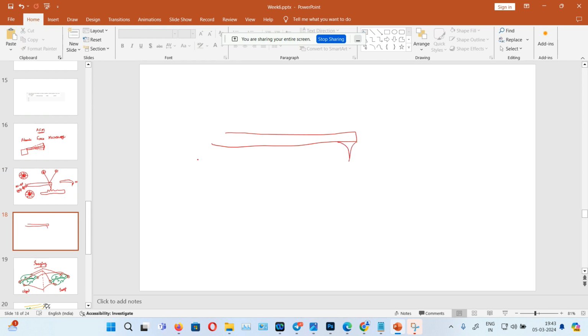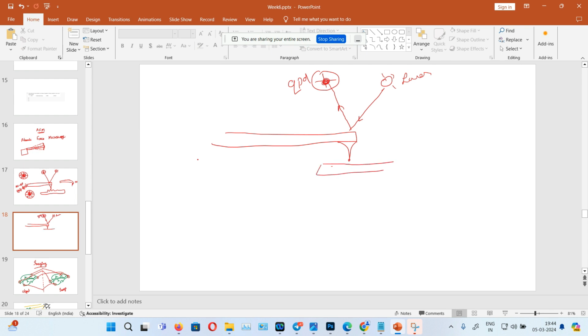There will be a tip, there will be a laser source, a quadrant photodetector, and there will be your sample.